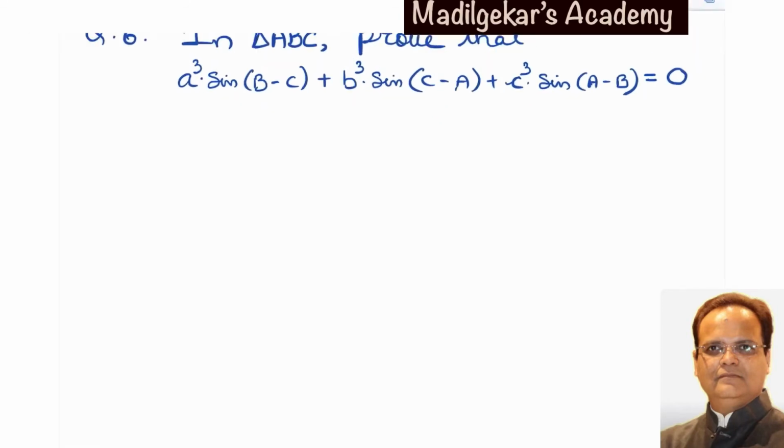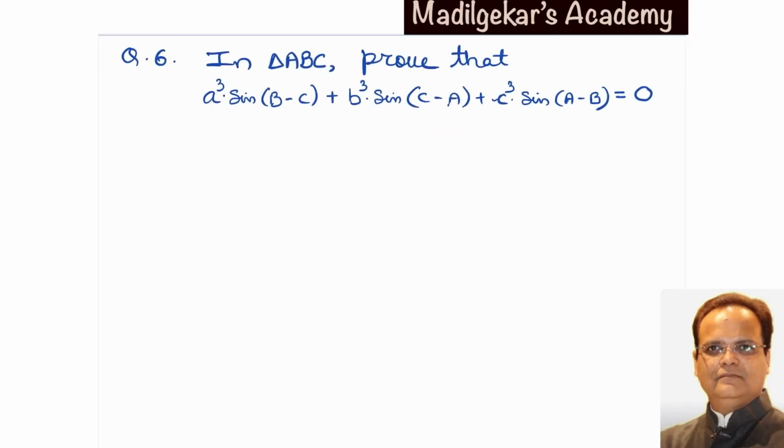Let's solve question number 6. In triangle ABC, prove that a cube sine of (B minus C) plus b cube sine of (C minus A) plus c cube sine of (A minus B) equals 0. Consider LHS.